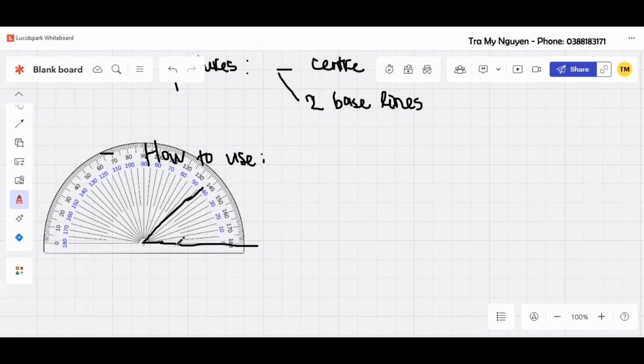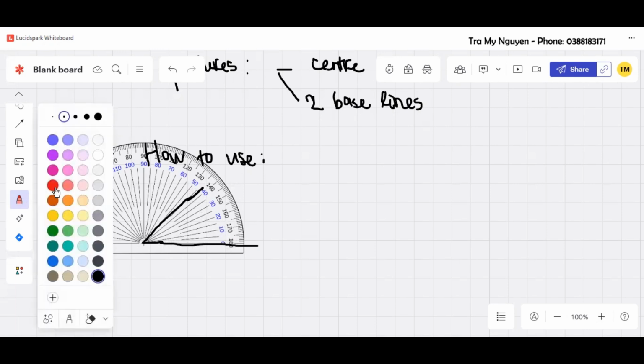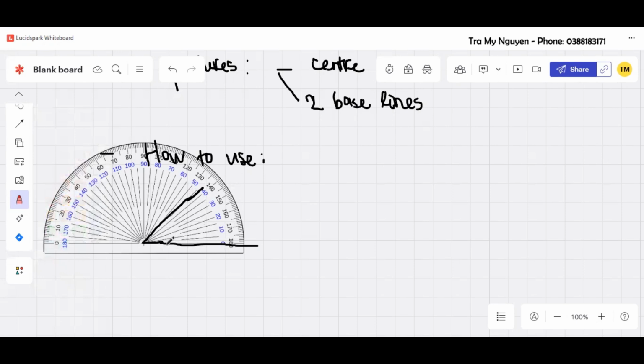One key note you have to remember is that when you use the right baseline, you have to base your reading on the blue numbers here, I mean the numbers in a circle. And I already said that it is a 180-degree protractor, so it ranges from 0 degrees to 180 degrees.